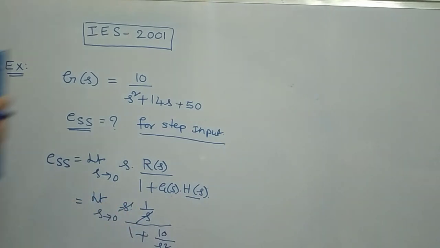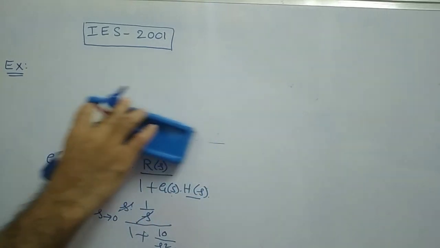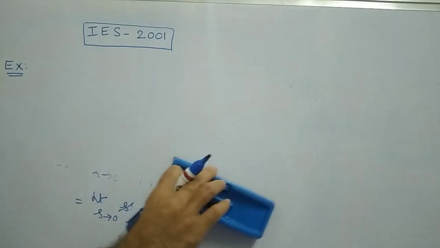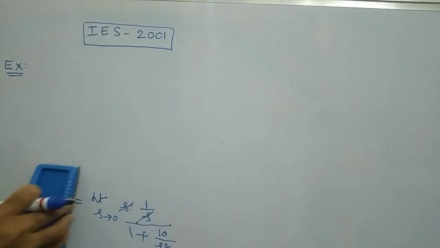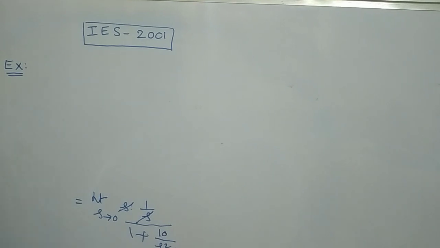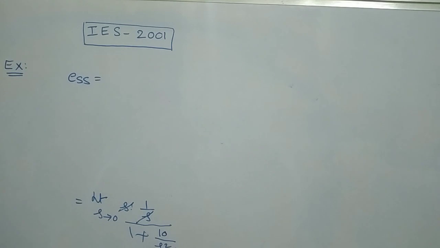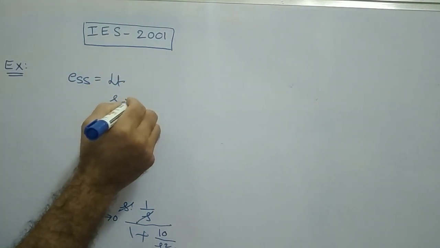Clear? So what we will have here, I will write here. ESS is equal to, limit s tends to 0.